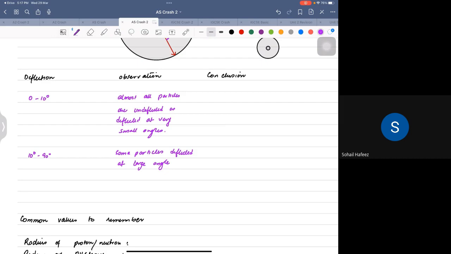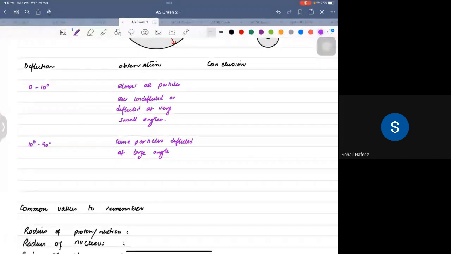Then you have 90 degrees to 180 degrees.